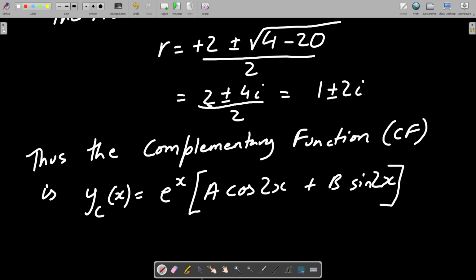This is the complementary function. Now what is remaining to be found is the yp, the particular integral.